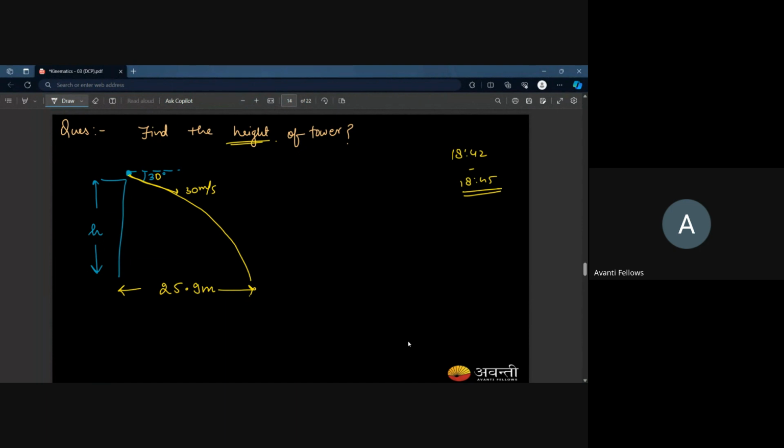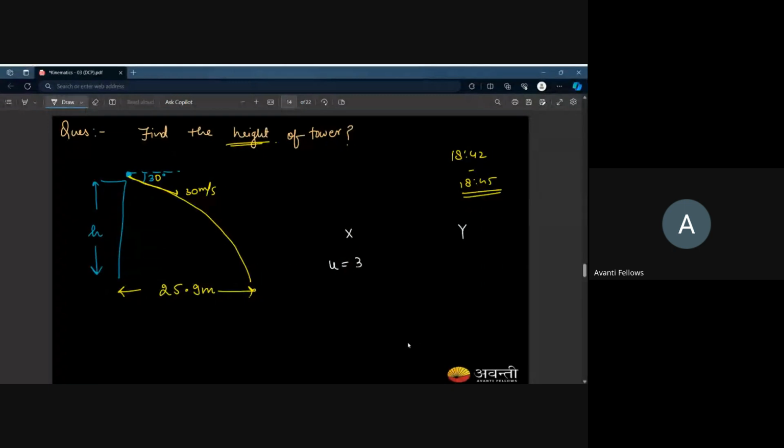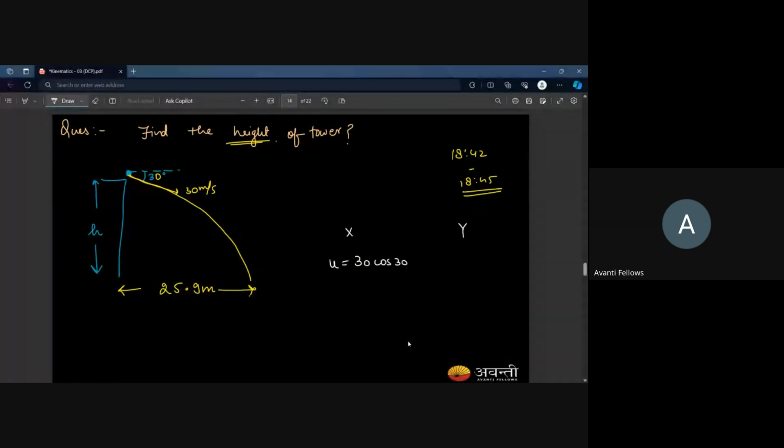See, I always say divide this motion into two dimensions, right? X-axis and y-axis. So this time you have some initial velocity in x-axis, which is 30 cos 30°, right? It means 30 into root 3 by 2, which is 15 root 3 meter per second.